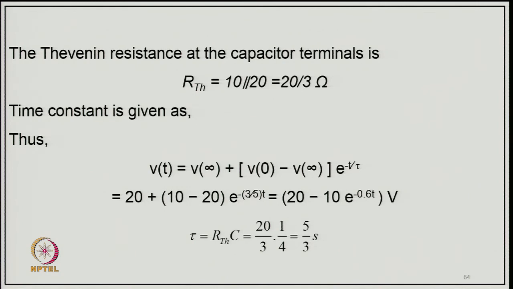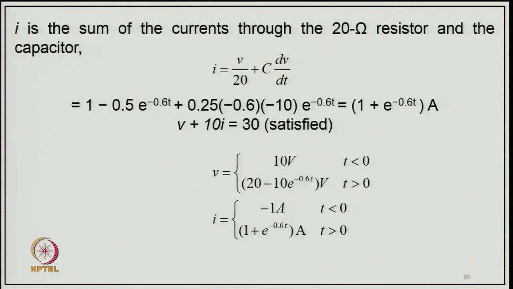Now you can define v(t) equal to v infinity plus v(0) minus v infinity times e to the power minus t upon tau, which equals 20 plus 10 minus 20 e to the power minus 3 upon 5 t, that is 20 minus 10 e to the power minus 0.6 t volts. And i is the sum of the current flowing through the 20 ohm resistor and the capacitor.